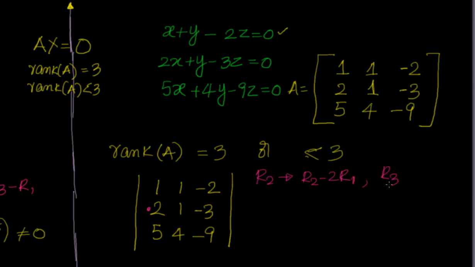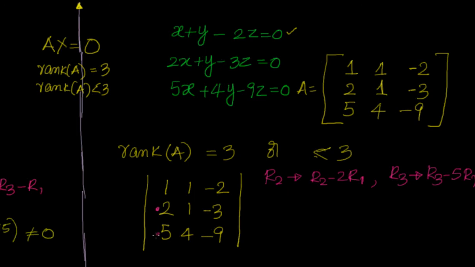Then I will do R3 is assigned R3 minus 5R1. That will make sure that the third row first element also becomes 0. So now you can see in the first column after the transformation I'll have only the first row first element left. Remaining all will be zeros in the first column.